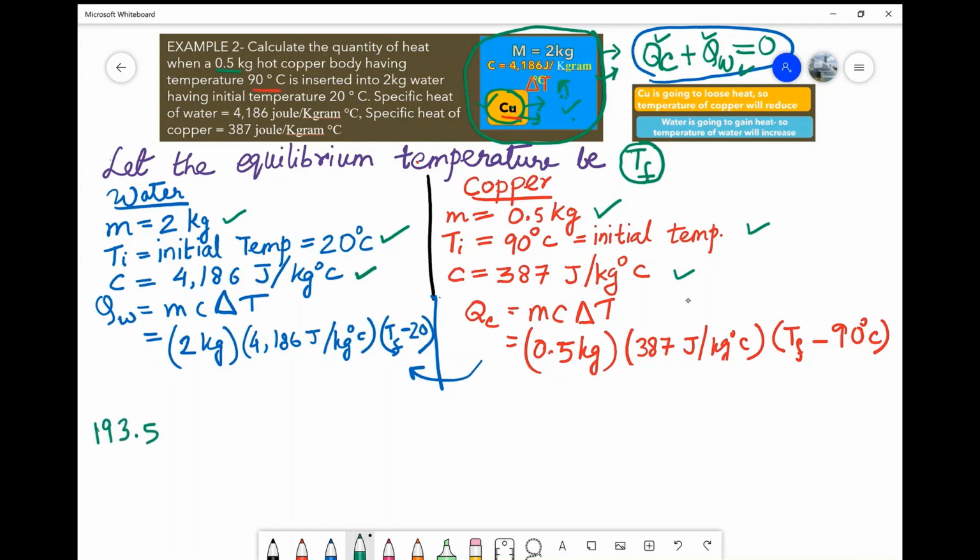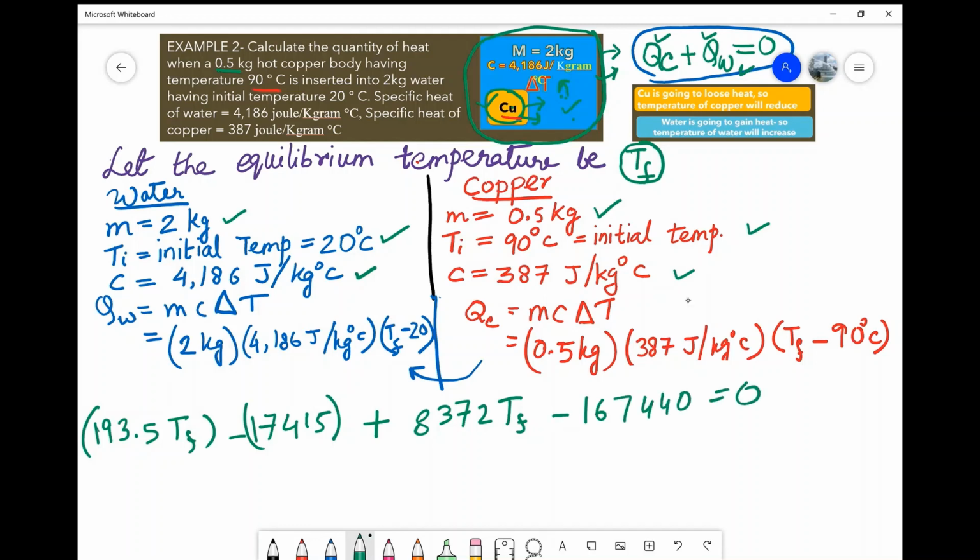193.5 TF minus 17415, so this is QC, plus QW, which is 8372 TF minus 167440, equal to 0. Here we can calculate TF.